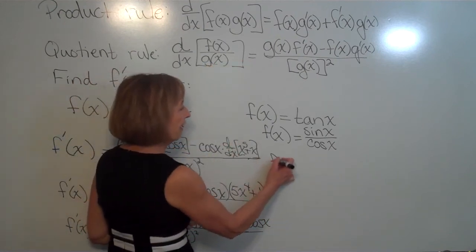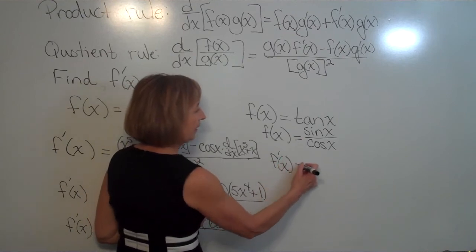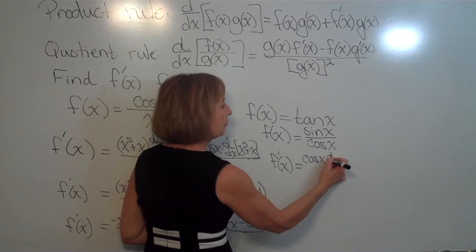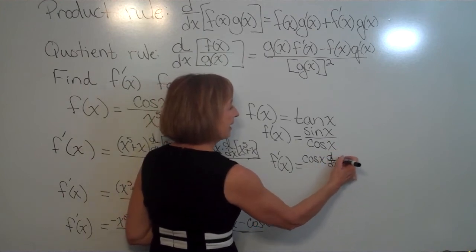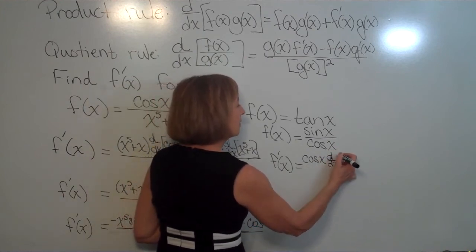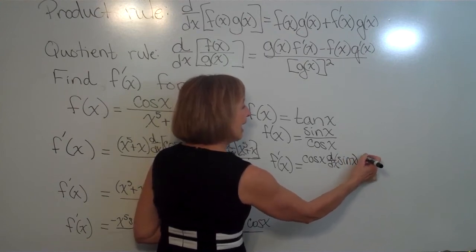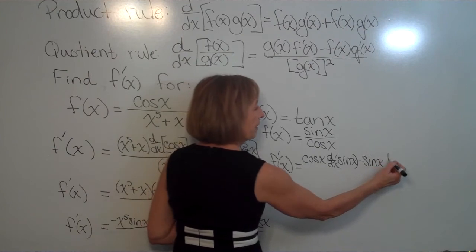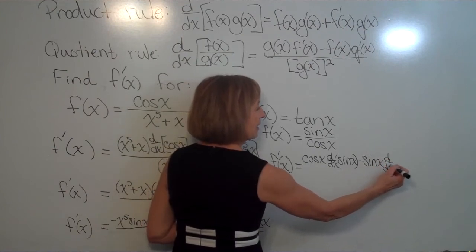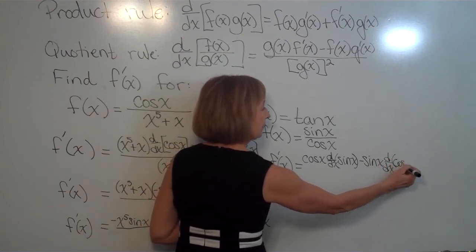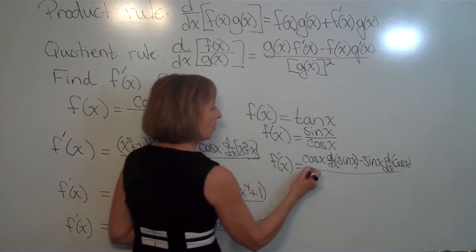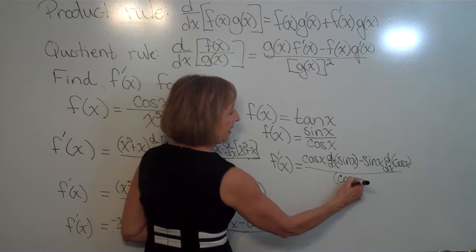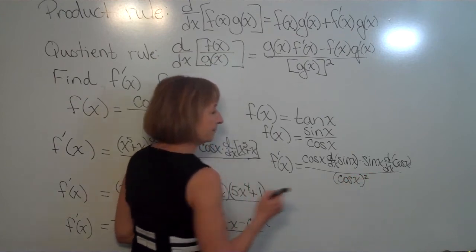So my derivative f prime of x is low cosine x d high, so derivative with respect to x of sine x, minus high sine x d low, derivative with respect to x of cosine x, all over low, so all over cosine x quantity squared.